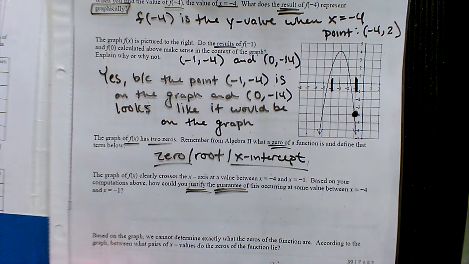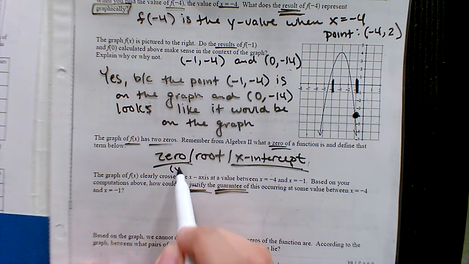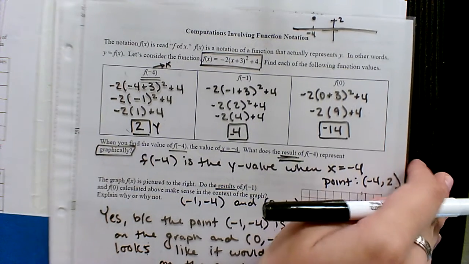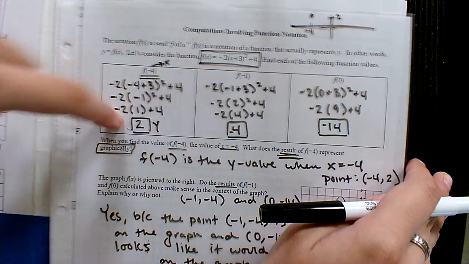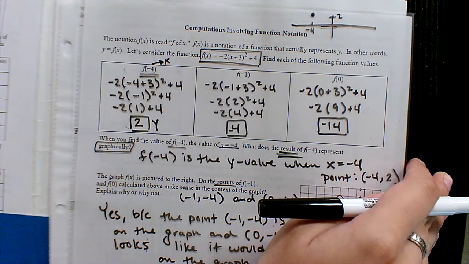So at an x-intercept, the y value should be 0. That's why it's called that. It's a zero, a y value of 0. So take a look again at your computations. If you plug in negative 4, you get out 2. If you plug in negative 1, you get out negative 4. How do you know there's an x-intercept between those points?